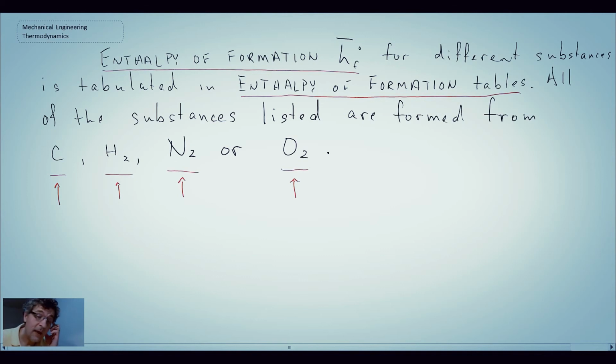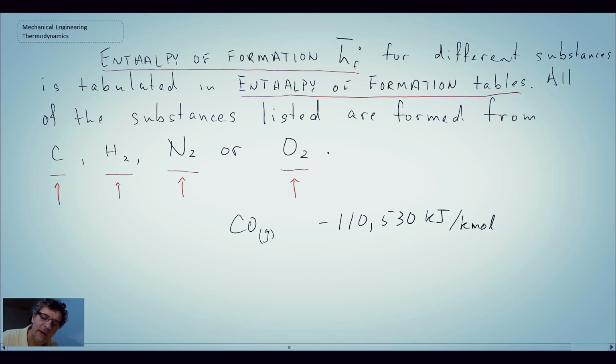And then other substances, for example, if I look in the table here, we have things like carbon monoxide. So we could have carbon monoxide in the gaseous state, and you can get the heat of formation for that, and that turns out to be minus 110,530 kilojoules per kilomole.